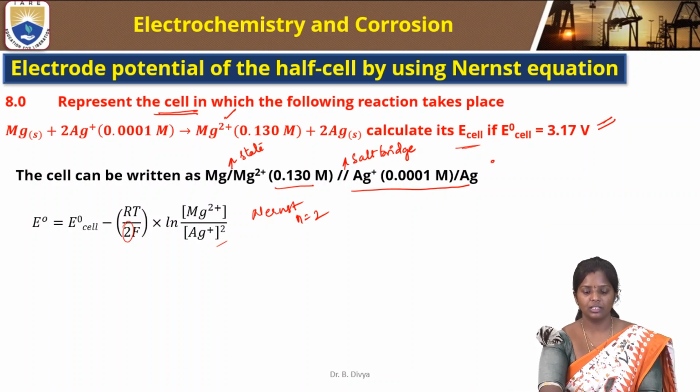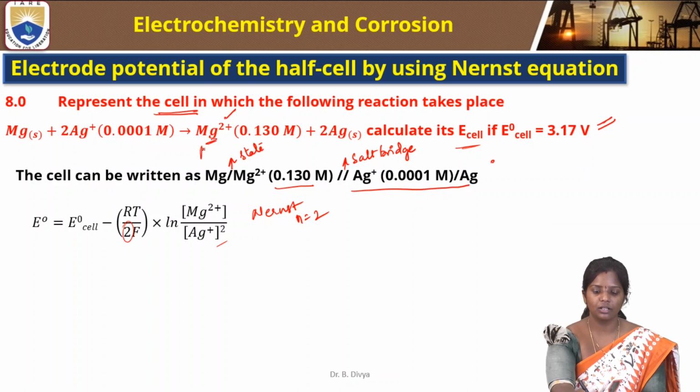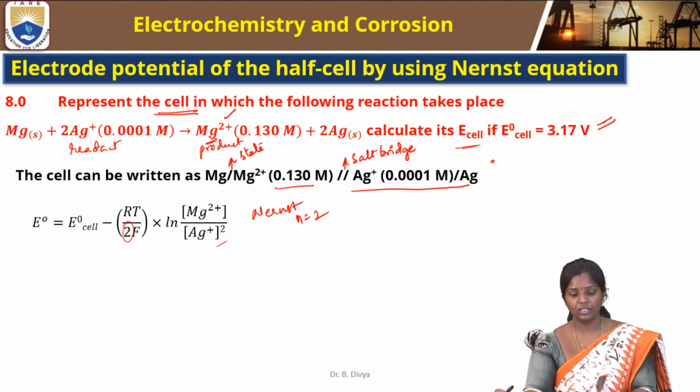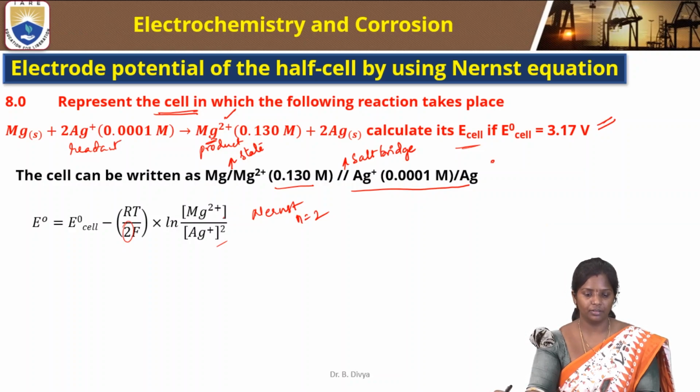Whenever we write this, we have to be very careful and check the equation. This is the product, and the activity of the product is taken in the numerator. This is the reactant, and the activity of reactants is taken in the denominator.